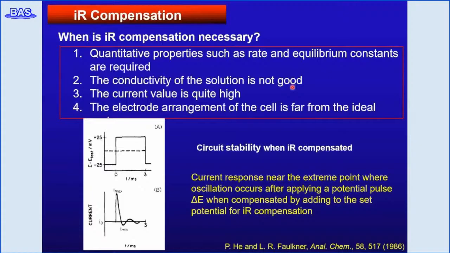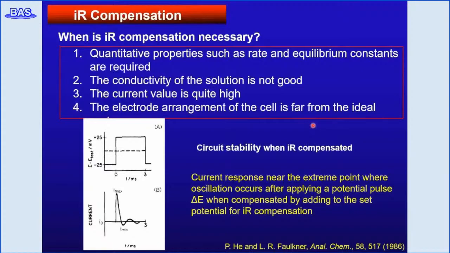When the current value is very large, in the case of using a large electrode, IR becomes large because the current becomes large. Fourth, when the positional relationship of the electrodes in the electrolysis cell is far from ideal, the IR drop becomes larger, so IR compensation gives a better result.